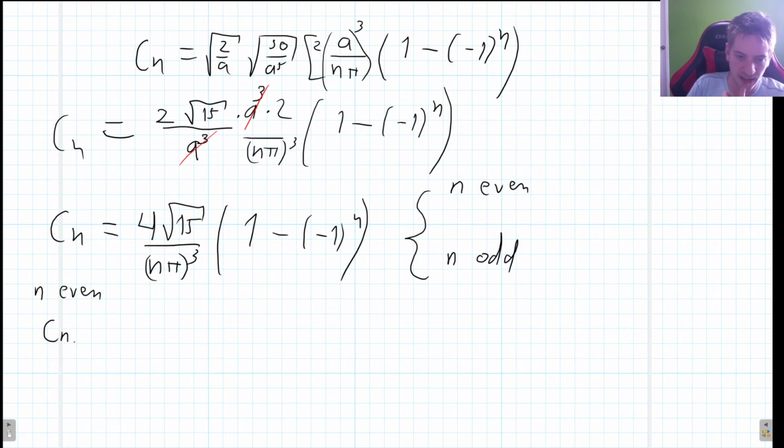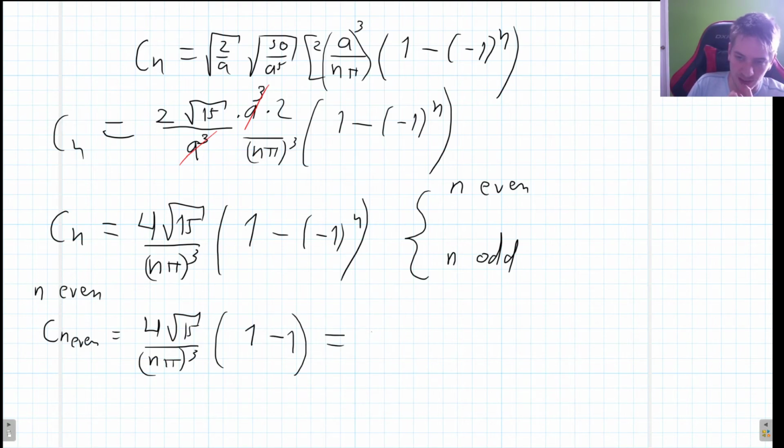We get that Cn even is just going to be 4 times the square root of 15 divided by n pi cubed. And here we get 1 minus, but now we get minus 1 to the 2nd power or 4th or whatever. So this is just going to be 1. So this is just going to be 0. So when n is even, Cn is 0.